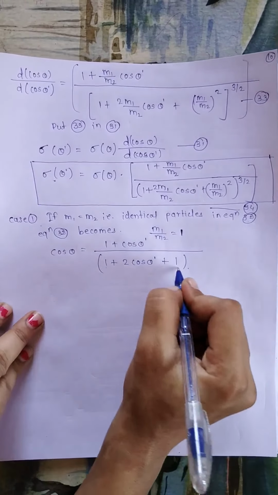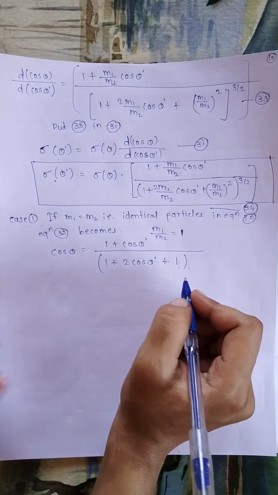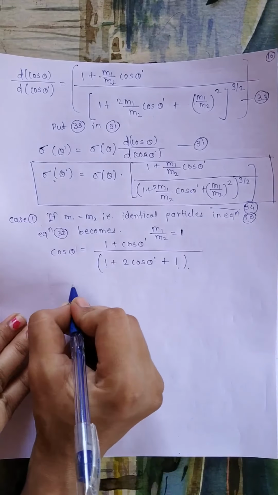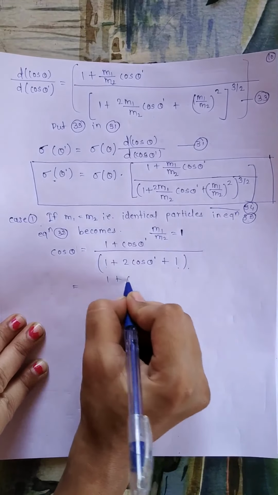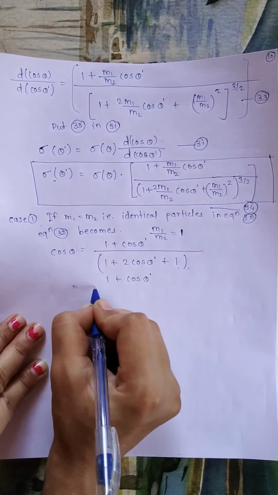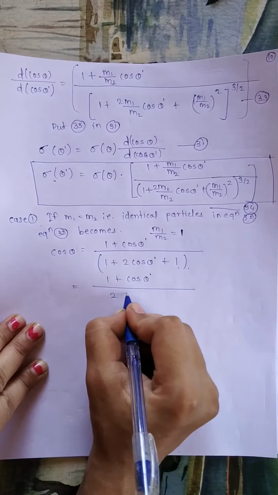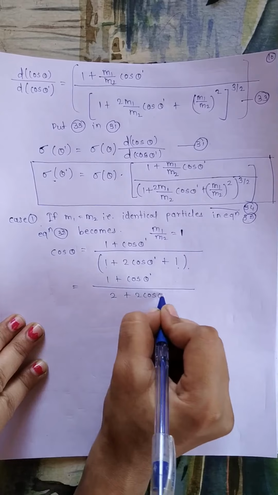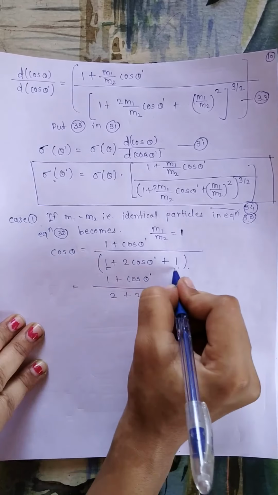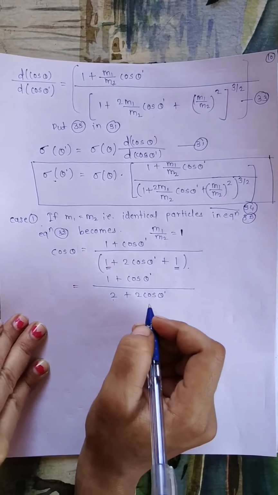So this 1 plus 1 we will get 2. So let's write 1 plus cos theta dash upon 2 plus 2 cos theta dash. I have written this addition over here.